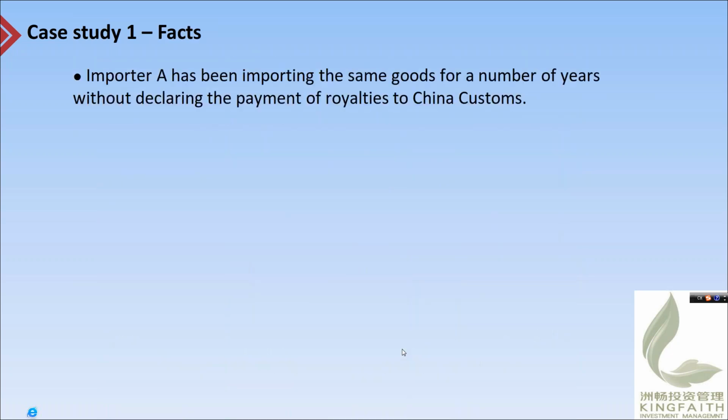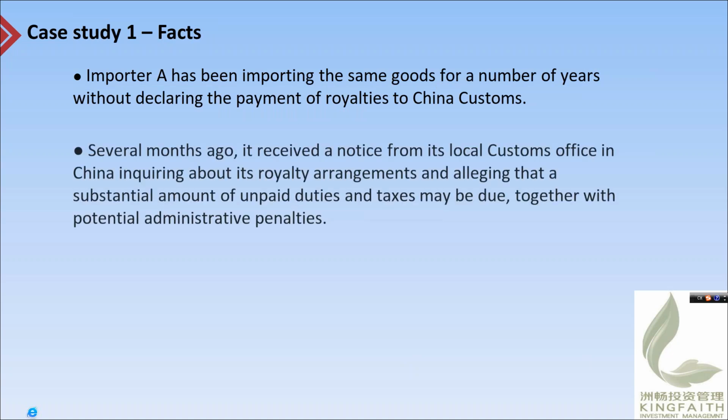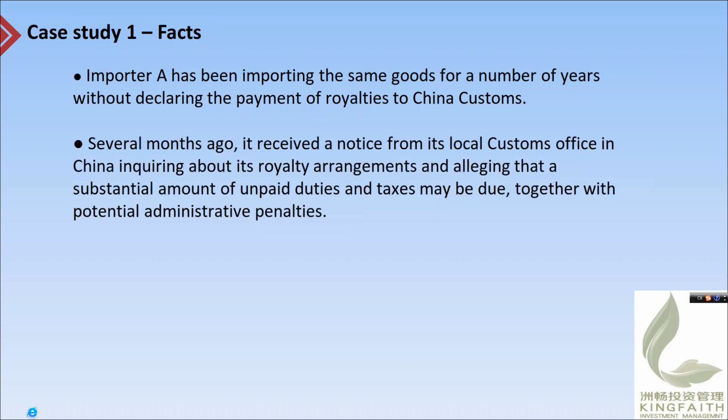Actually, importer A has been importing the same goods for a number of years into China without declaring the payment of royalties to China customs. But just several months ago, it received a notice from its local customs office in China inquiring about its royalty arrangements.